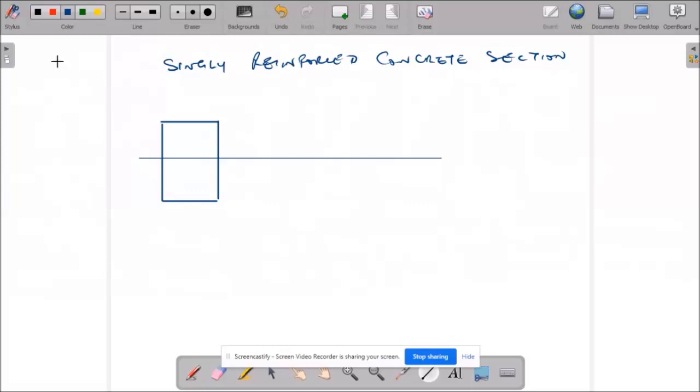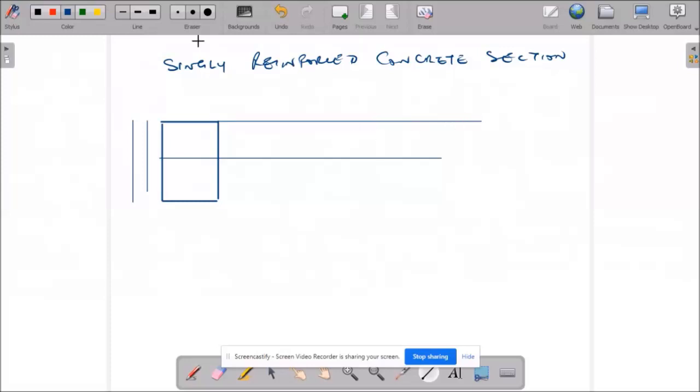Then with an overall depth of H, an effective depth of D. Here we'll consider also another imaginary line passing here.